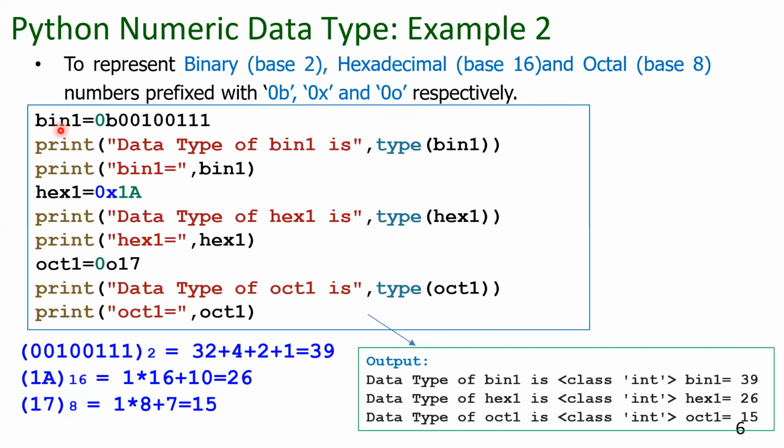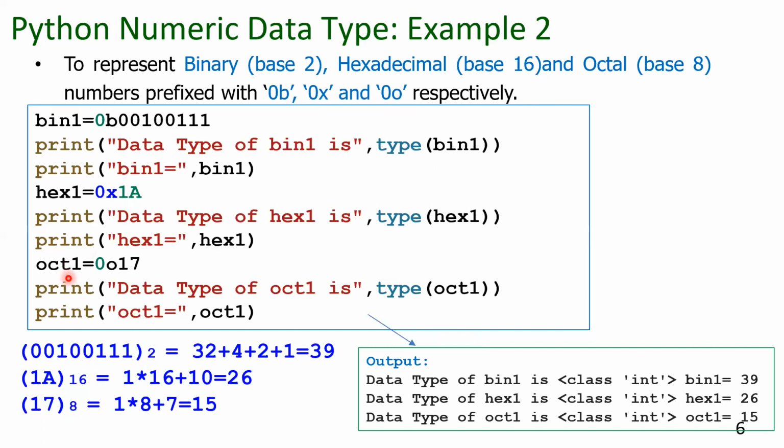Consider this example program where the variable bin1 is assigned the binary value 0010011 by prefixing it with 0b. Similarly, hex1 is another variable which is assigned a hexadecimal value 1a by prefixing 0x.